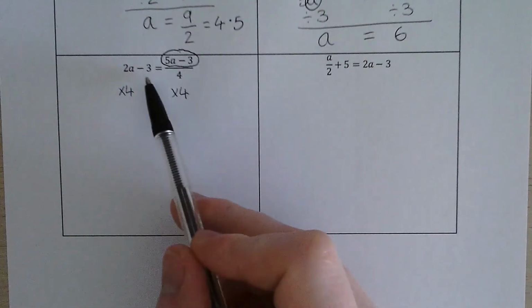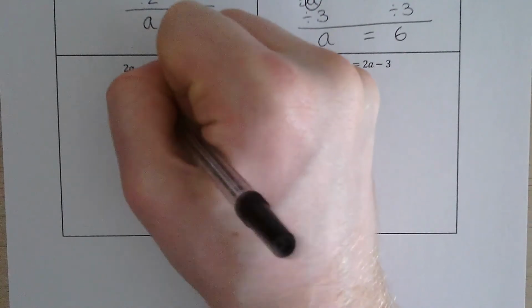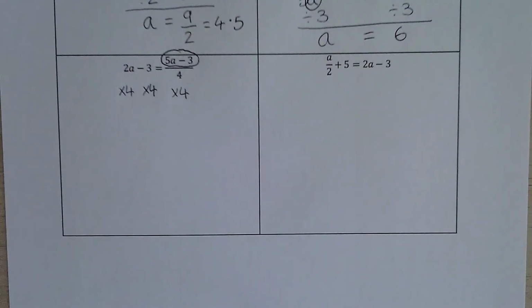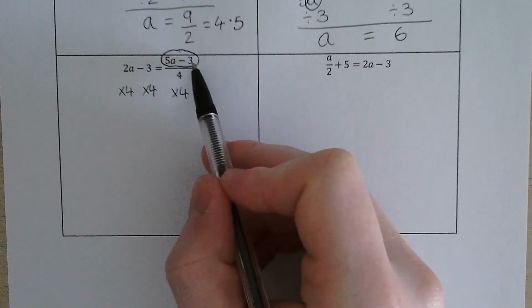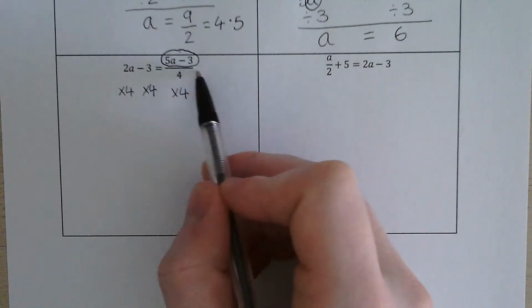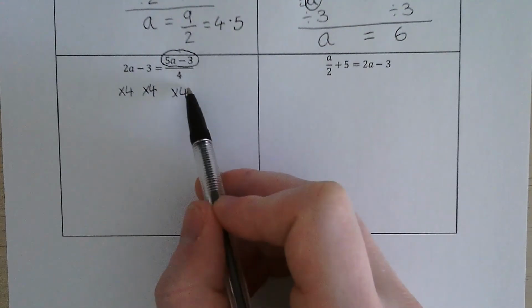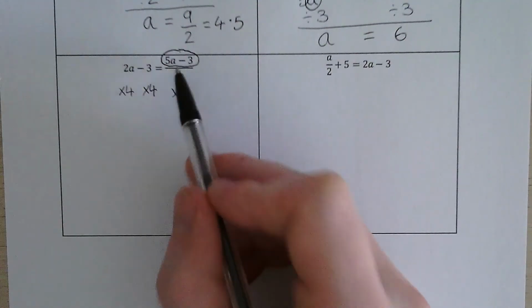I also need to write it underneath the minus 3. The reason why we only need to write it once underneath this 5a minus 3 divide by 4 is because all of it is being divided by 4, so timesing it by 4 once will cancel out all of that division.